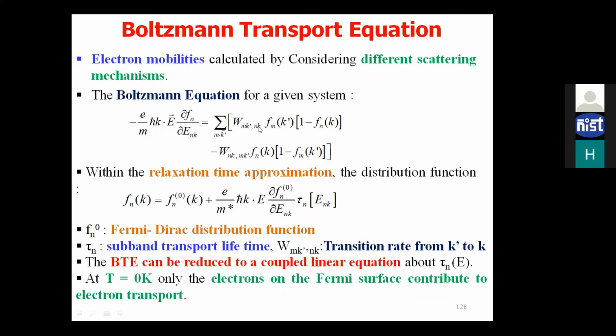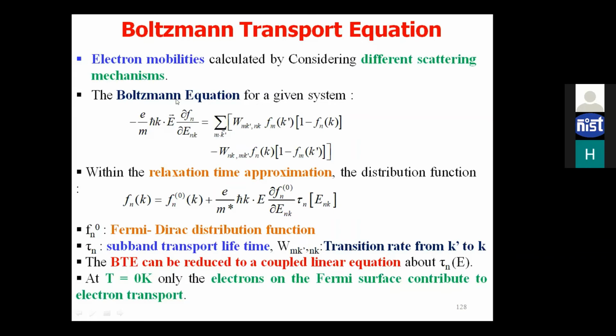Now, due to the scattering mechanism, let the final position of that electron be k prime in subband n prime. That means due to scattering it moves from subband n to subband n prime, from k position to k prime.